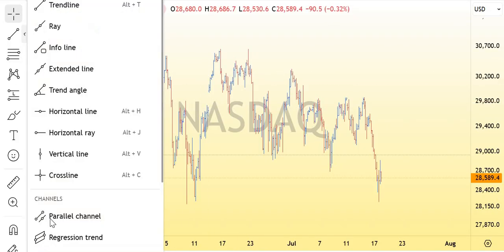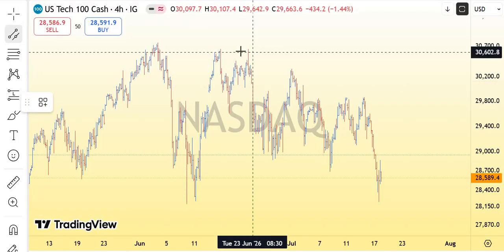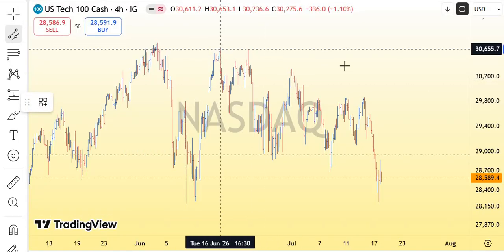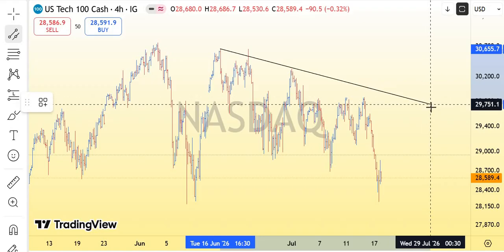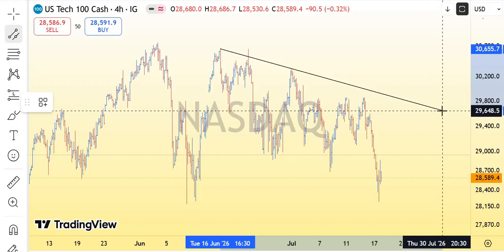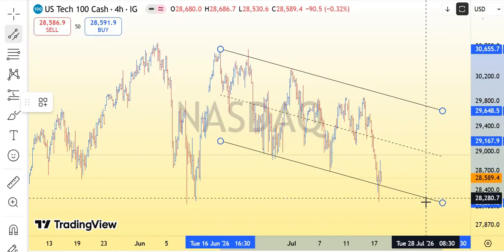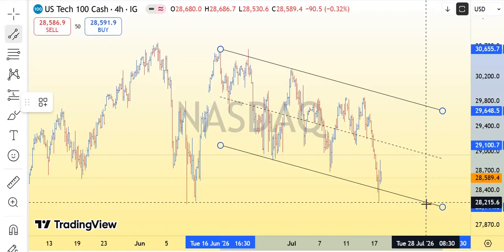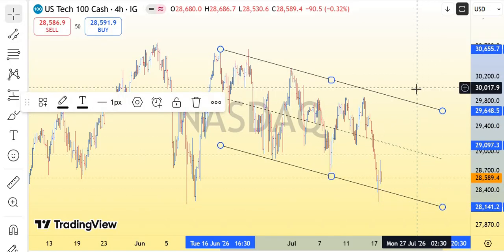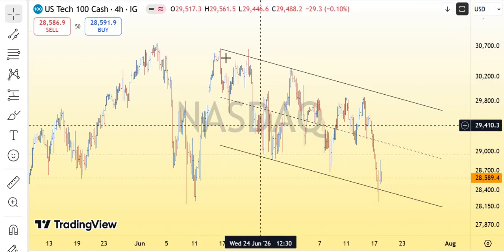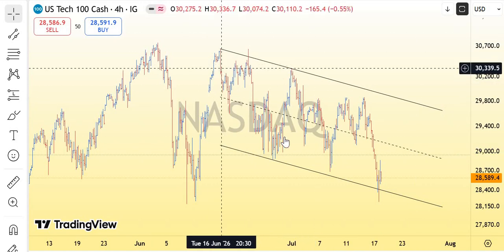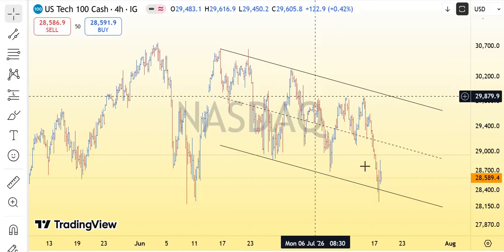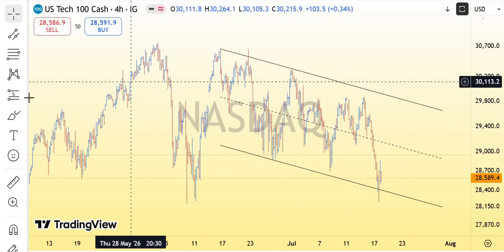First of all, I'll like to draw the trend line, or rather a channel, I would say, from upside to the lower side. First, I'll mark the price action in between this channel.